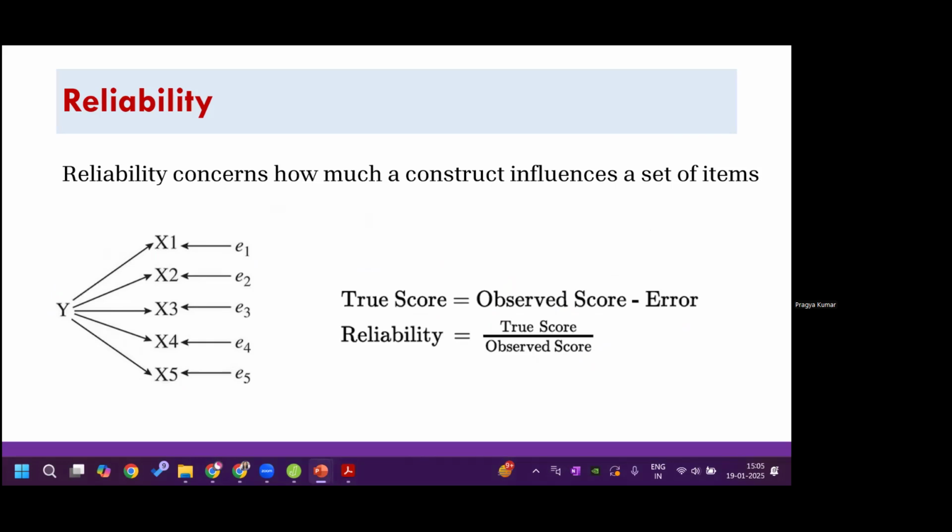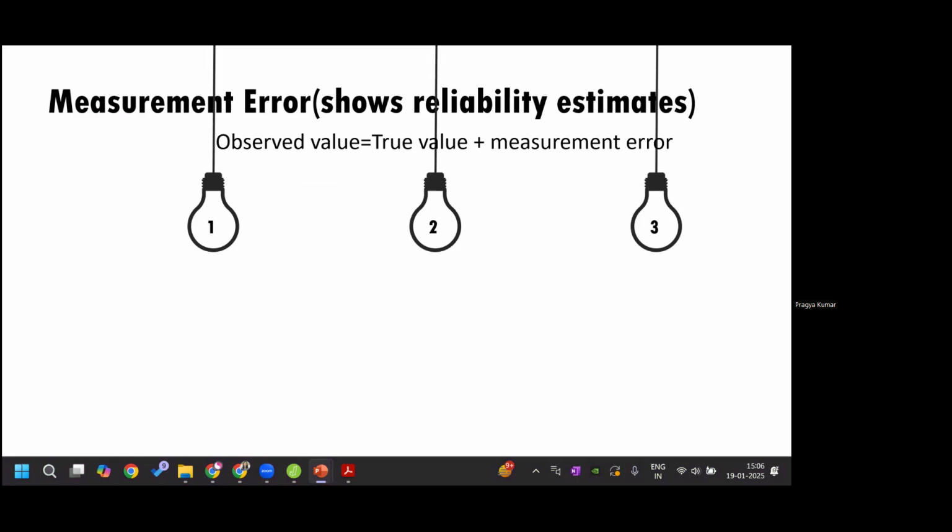No need to remember this formula. In Jamovi and JASP, you will get the value of Cronbach alpha. I'm not going into the mathematics, because it will be difficult to understand, as we all come from different backgrounds and have different exposure to statistics and mathematical concepts. So I'm skipping that part.